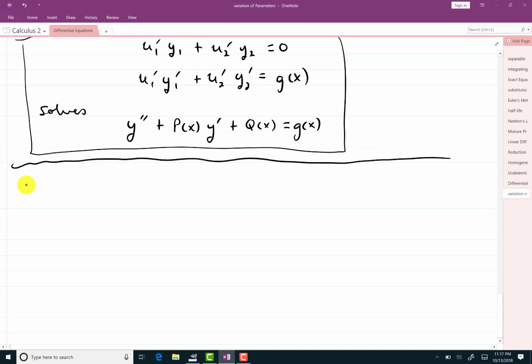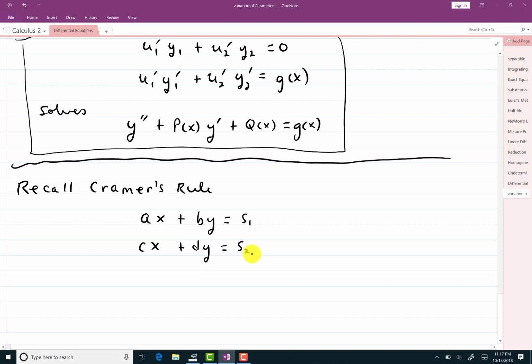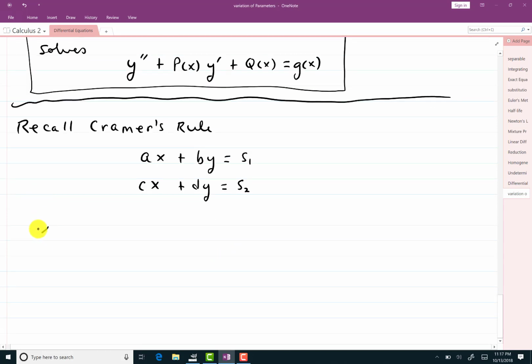I do want to remind you of Cramer's rule. So if you're trying to solve a system like this, ax plus by equals some solution, and then you're trying to do cx plus dy equals maybe another solution, then the way you get x is you have to think about this as columns of coefficients a, c, b, d.